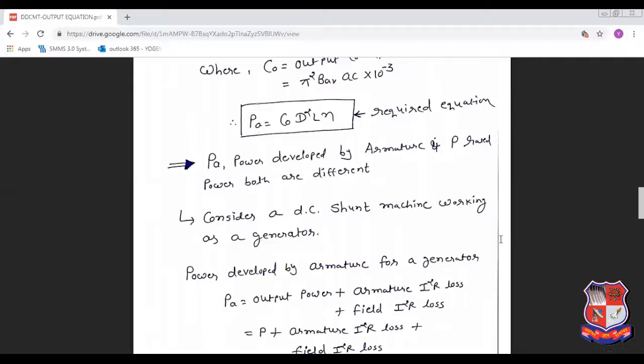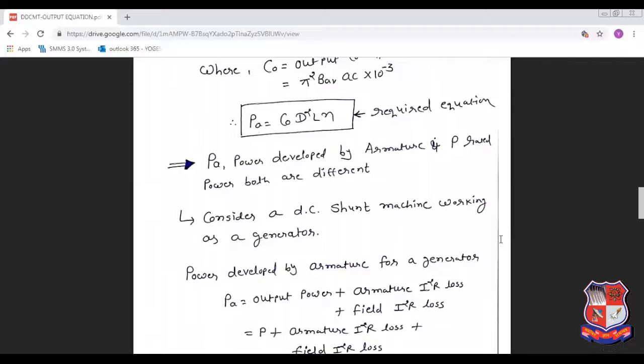And for machines beyond 500 kilowatt, specific electric loading could be in the range of 38,000 to 50,000 ampere conductor per meter. This is the suggested range to select the appropriate values of specific electric loading and specific magnetic loading.